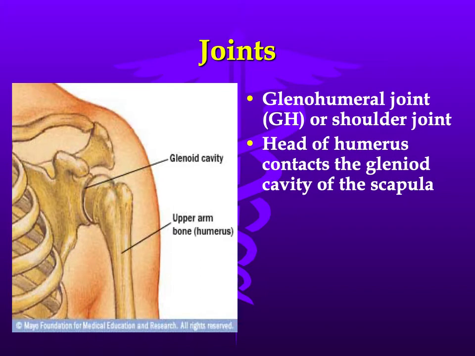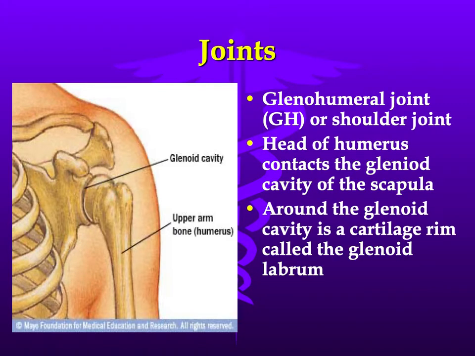If we compared the hip to the shoulder joint, you would see that the ball of the femur goes into a bigger cavity in the acetabulum of the hip, whereas the glenoid cavity of the scapula is very narrow, so the ball of the humerus does not sit deeply into the cavity of the scapula. So it has great range of motion, but it doesn't have a lot of stability inside the joint itself.